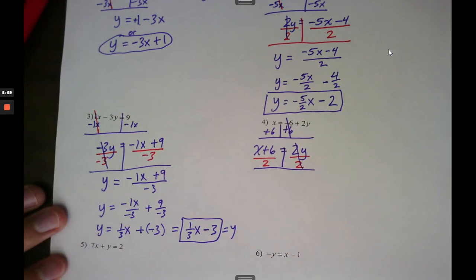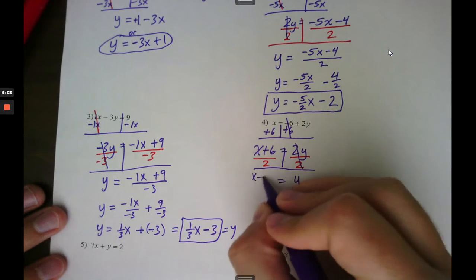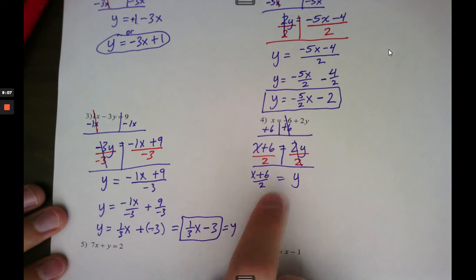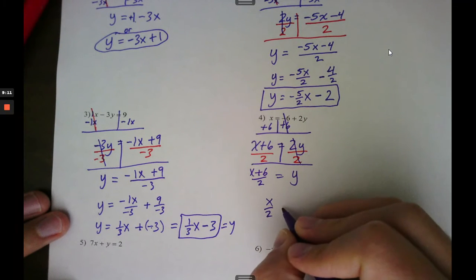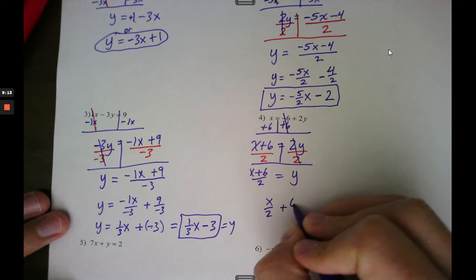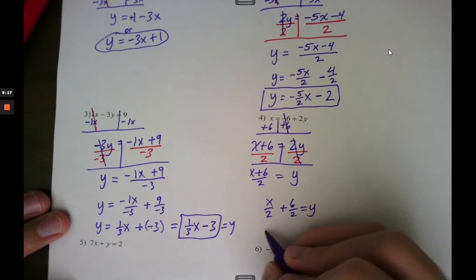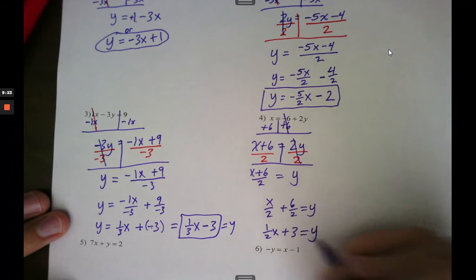Conveniently cancels out here, which is the whole idea. And again, x plus 6 over 2. That is fine for your final answer, or you could simplify it, x over 2 plus 6 over 2 equals y, which you could clean up to 1/2 x plus 3 equals y.